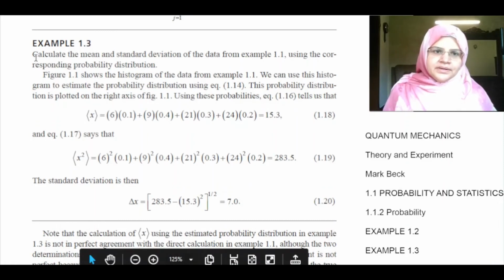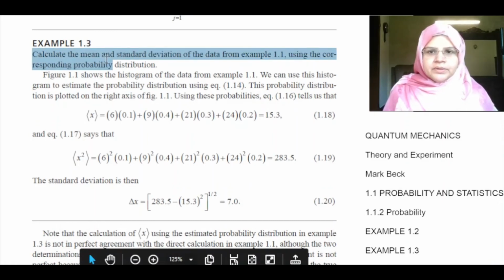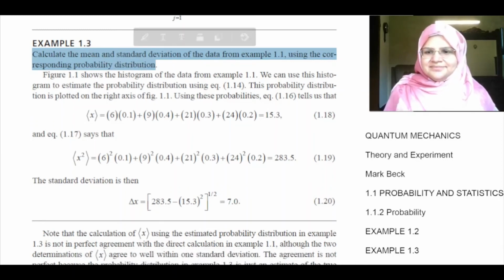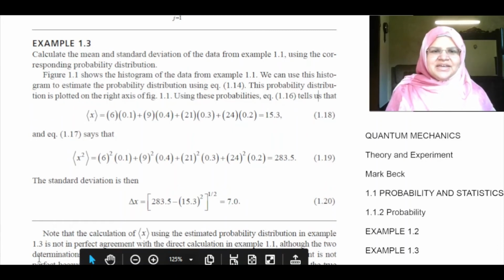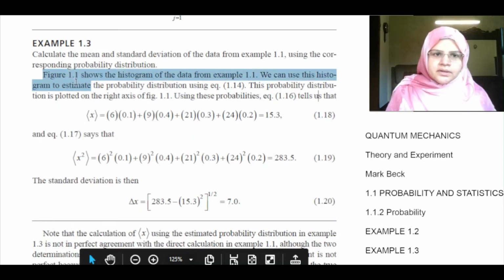Example 1.3. Calculate the mean and standard deviation of the data from example 1.1 using the corresponding probability distribution. Figure 1.1 shows the histogram of the data from example 1.1. We can use this histogram to calculate the probability distribution using equation 1.14.